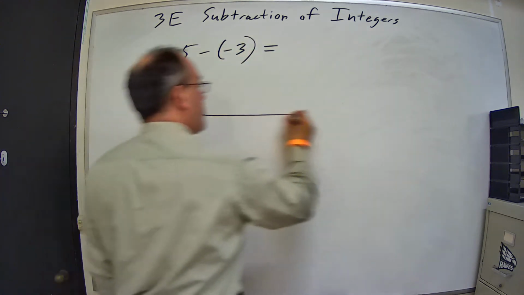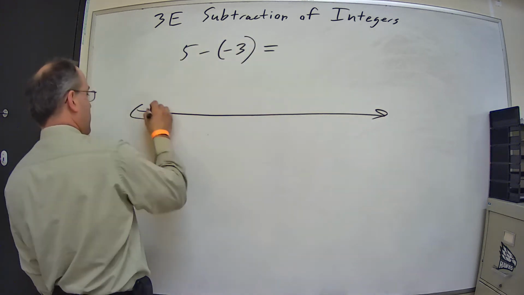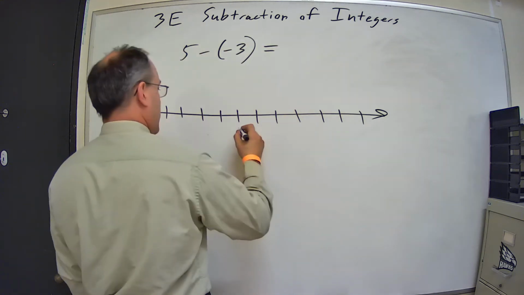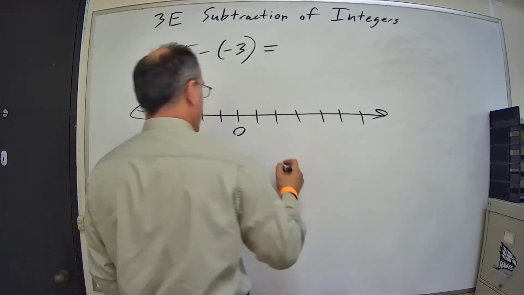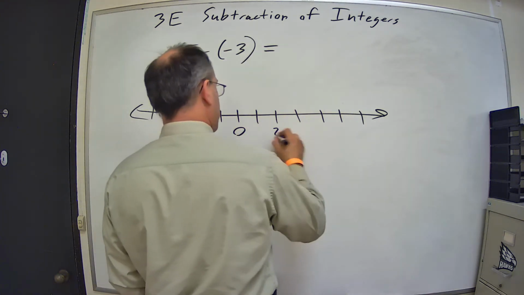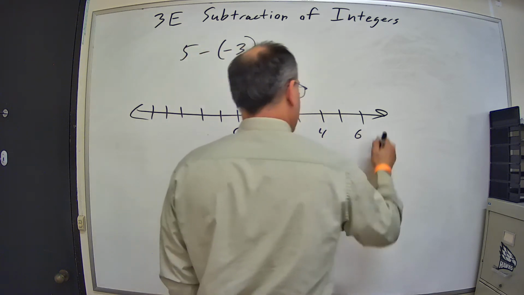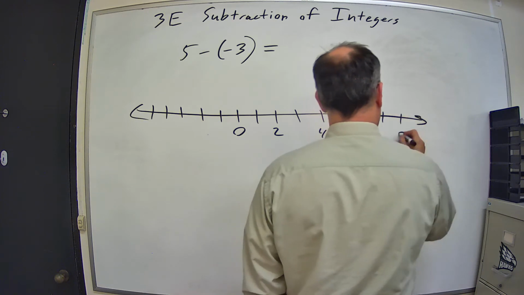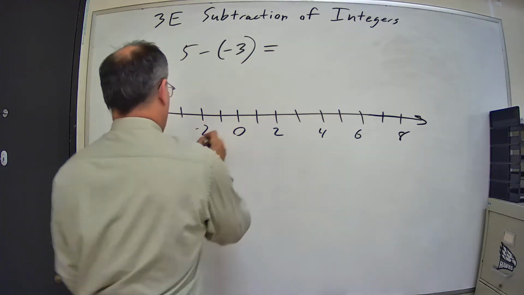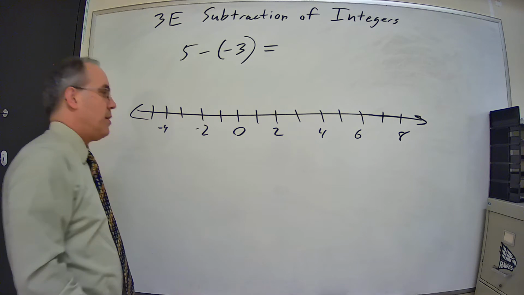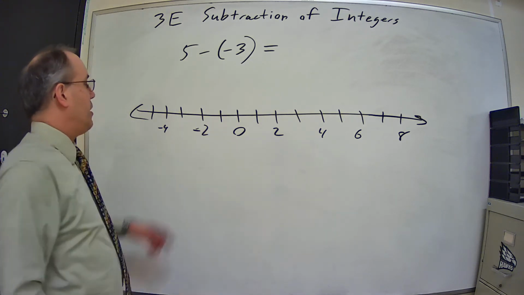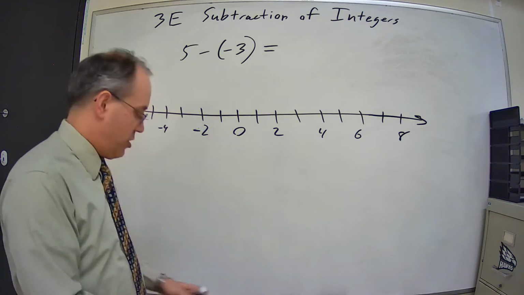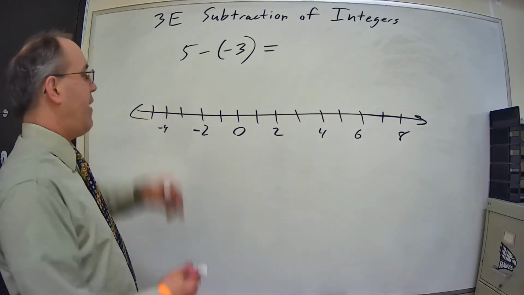So, let's say we have 5 minus negative 3. Well, if we draw a number line, so we draw our number line on here, and just like we did with addition, we're going to start at the first number, so I have 5.